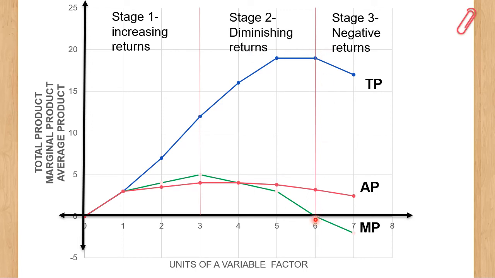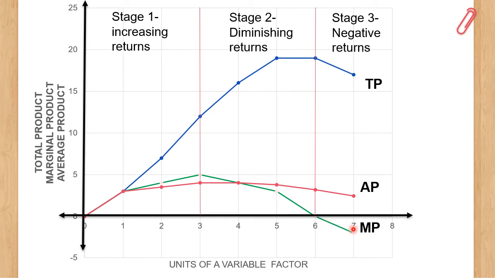And that is why we call this stage the stage of diminishing returns, because total product is increasing at a decreasing rate. The third stage starts when marginal product is zero and continues to the end of that process, till the last unit of the variable factor is employed. And what do we see here in the third stage? The marginal product becomes negative, because we saw in the table 17 minus 19 is negative 2.